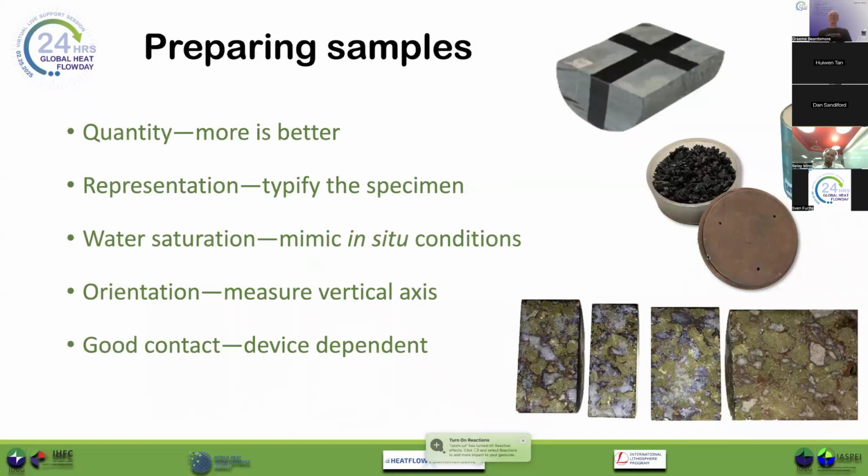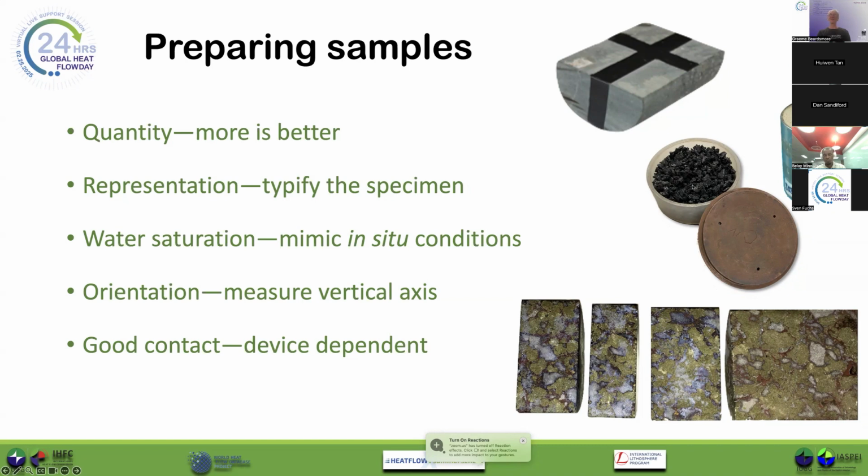So once you've selected your samples, you then need to prepare them. And as I just mentioned, different instruments require preparation in different ways. Some instruments require just a single flat surface. Some can take measurements of soft material by pressing a needle into that material.